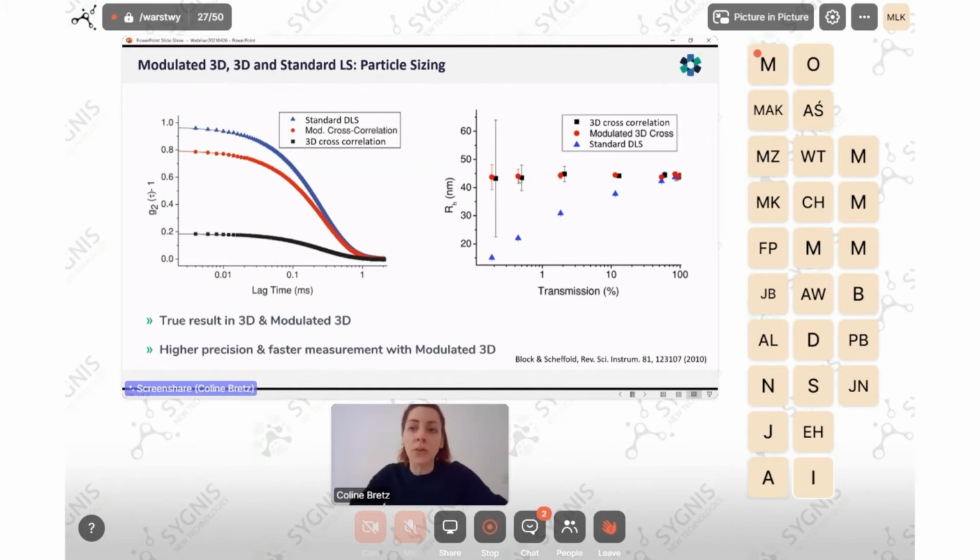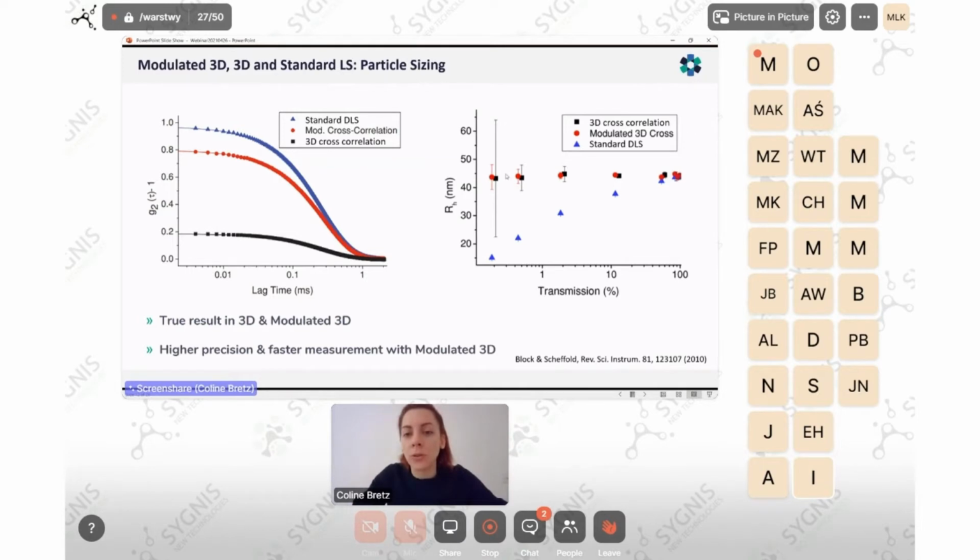The difference between 3D cross-correlation in its basic implementation and modulated 3D cross-correlation is the precision that you have on the results. So both of these methods are accurate, but you have a higher precision using modulated 3D. For the user, this basically means that you can do faster measurements.